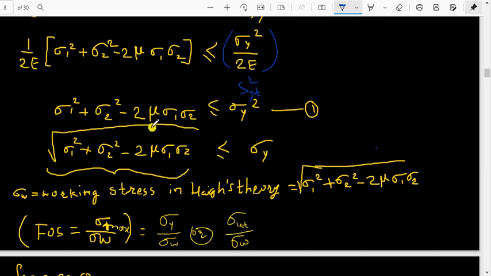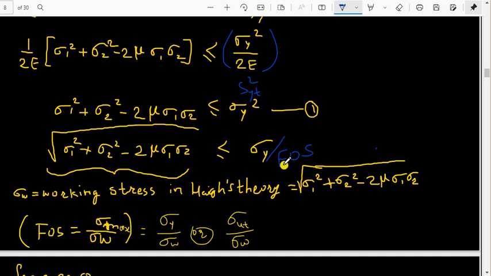After equating, you will get under root sigma 1 square plus sigma 2 square minus 2 mu sigma 1 sigma 2 should be less than or equal to sigma y. I am not considering factor of safety here. If it is given in a numerical or problem, you can write like this.